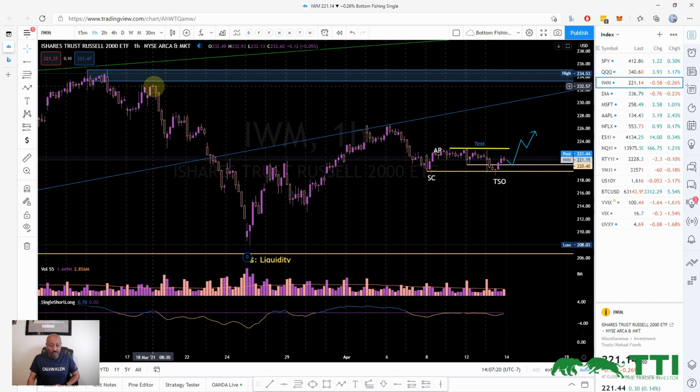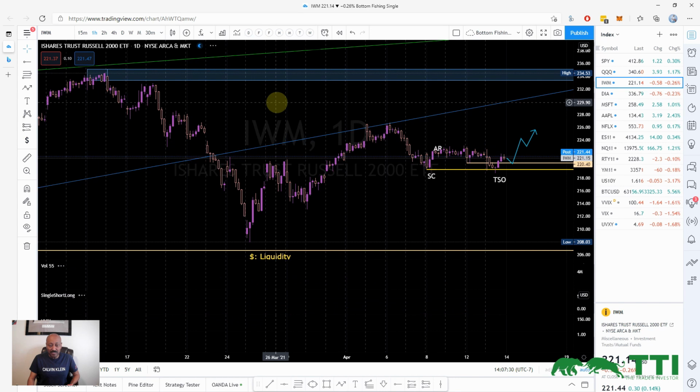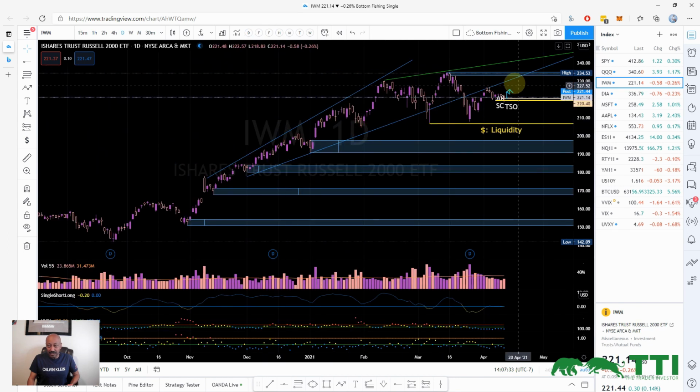We have a couple of order blocks up here that I haven't drawn on the hourly, because my order blocks are drawn on a daily chart. On the daily chart, this order block up here is sitting waiting for us to target. So that's our next order block. Everything else, this block here is mitigated, so there's nothing for us here as an order block except up here on the daily basis. So that's my target.